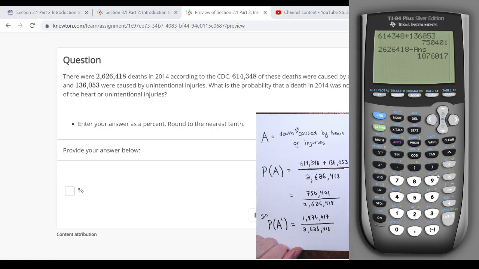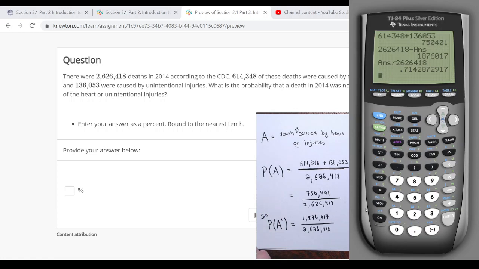All right, so I'm going to divide this number I have here by 2,626,418. We're getting approximately, and they asked us to enter your answer as a percent.